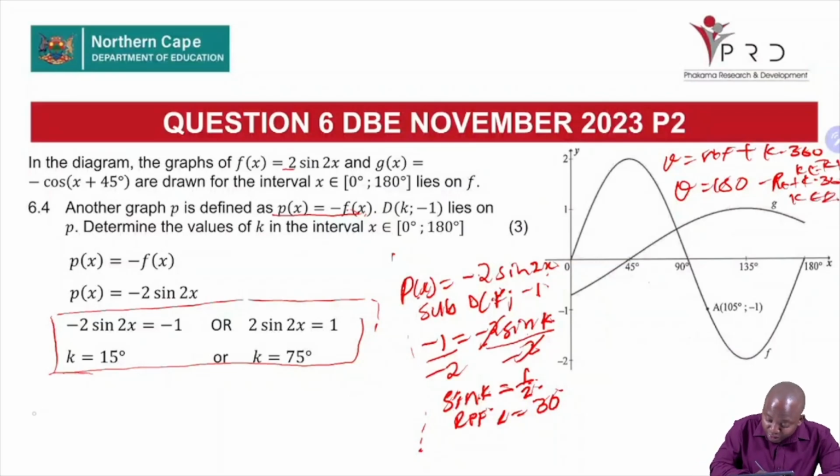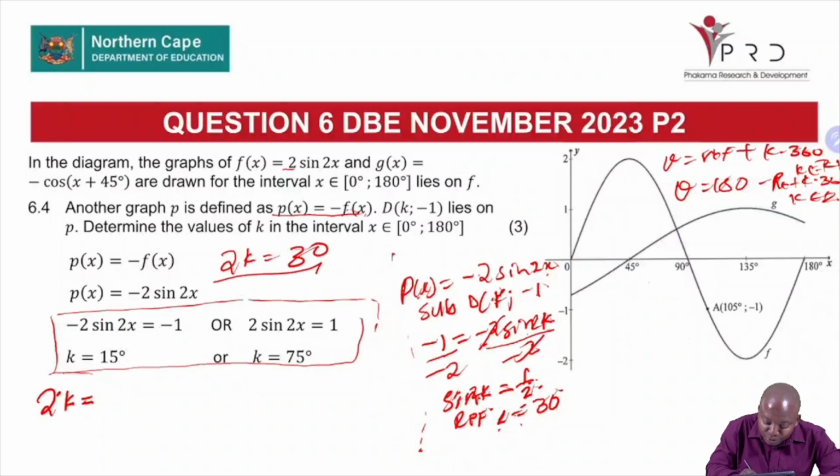So in this case, our reference angle is 30. That means in this case now we'll say, let me just see that the k is 2k here. So 2k is equal to 30.